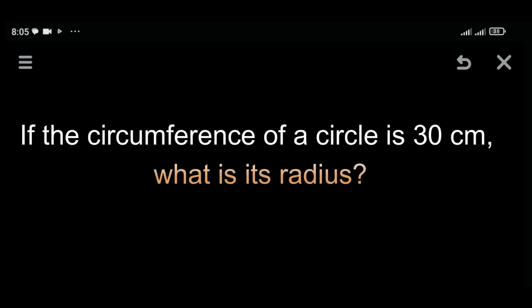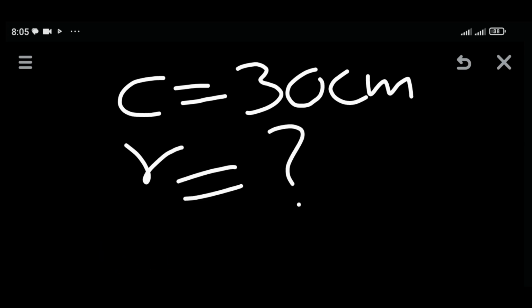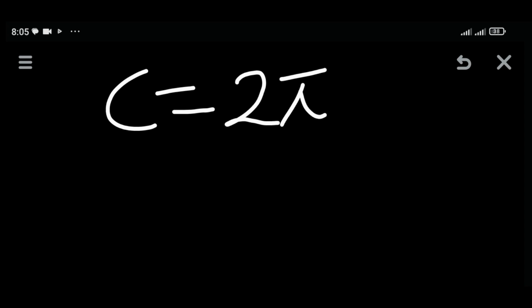Question 4 says that if the circumference C of a circle equals 30 centimeters, what is the radius? Radius is not given. What is the radius? To do this, we have circumference C equals 2 pi r.